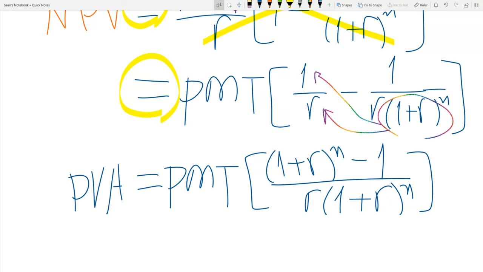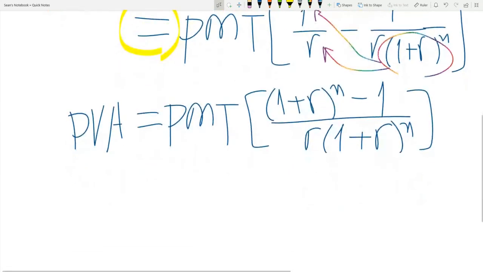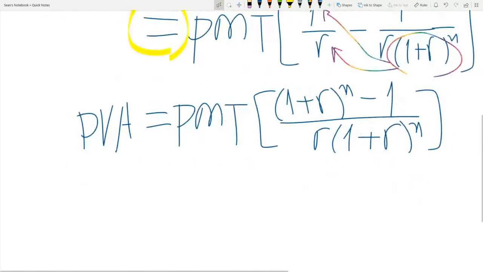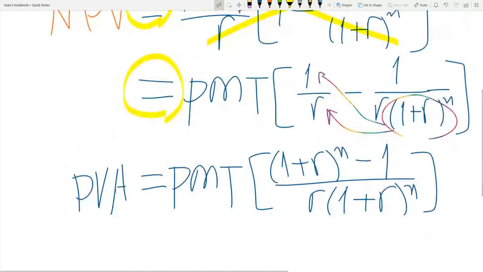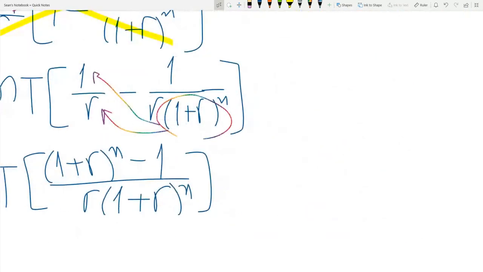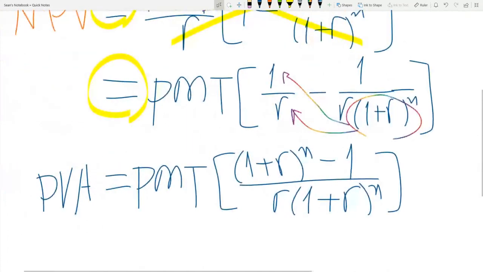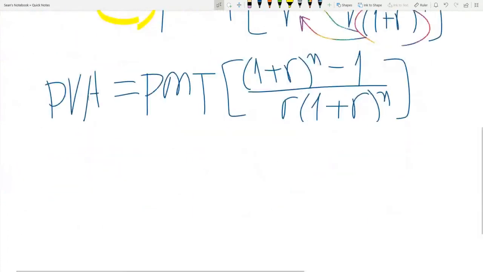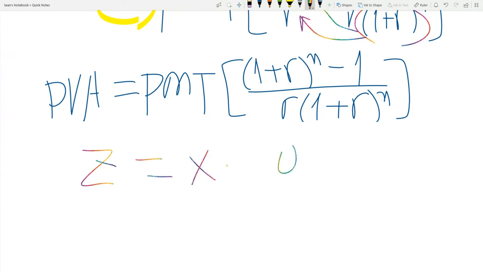And then think about it. I don't know if I said this in this class, but in all other classes, especially in Finance 100, I always say a key to solving any equation, no matter how complex they may be, is identifying z equals x times y structure.